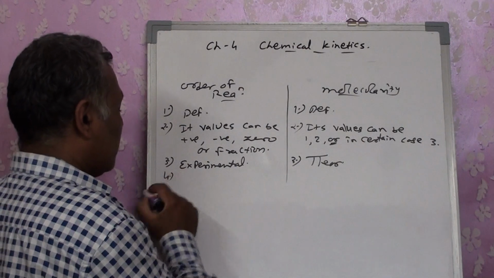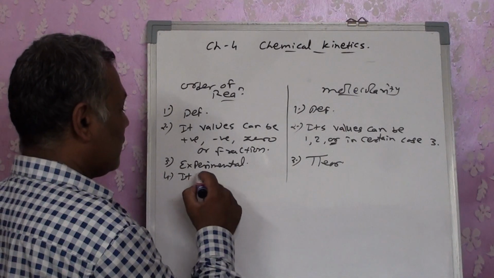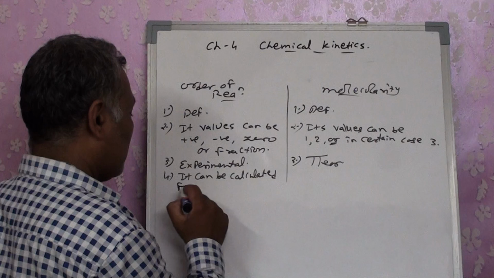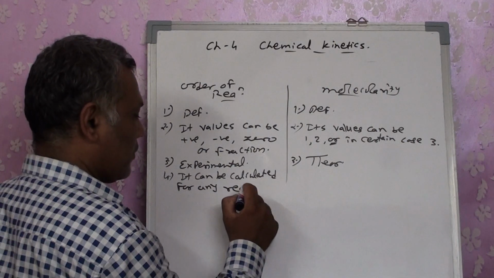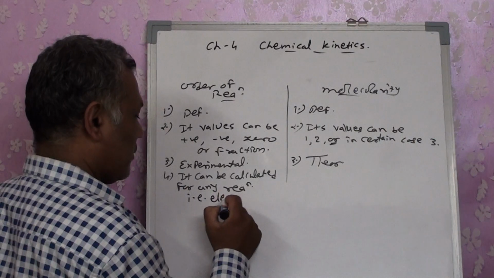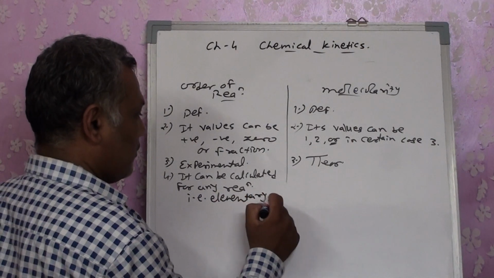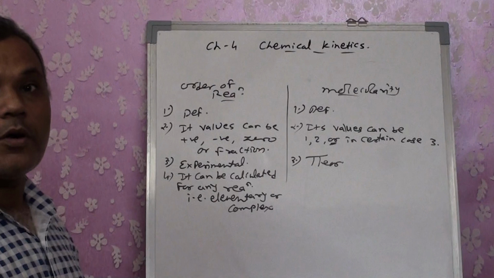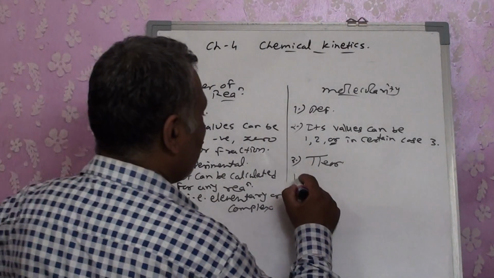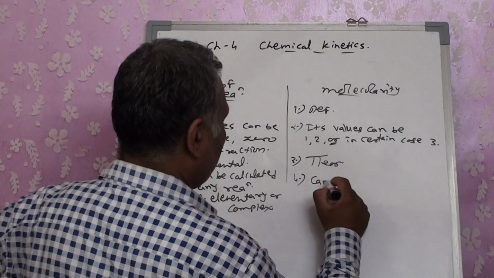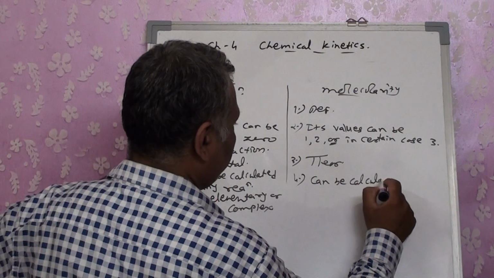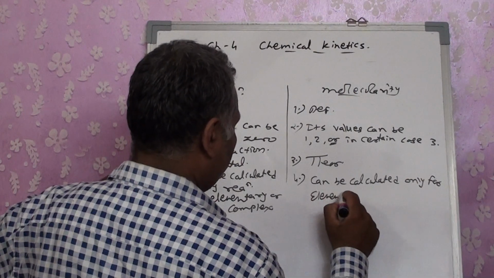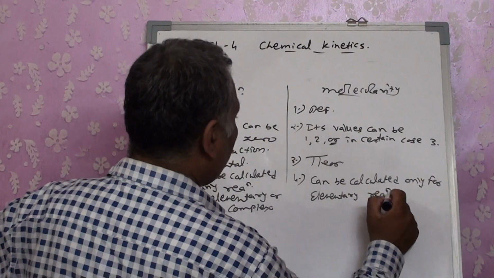The most important factor is that order can be calculated for elementary or complex reactions, whereas molecularity can be calculated only for elementary reactions.